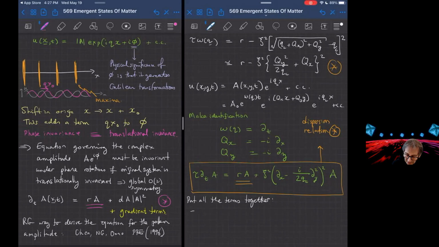So if we now put all of these things together, what I end up with is tau d by dt of A. Then I have the term Ra, which was in both the bifurcation theory expression and the Landau theory expression and the gradient terms. Then I have the nonlinearity, which preserves the phase invariance.